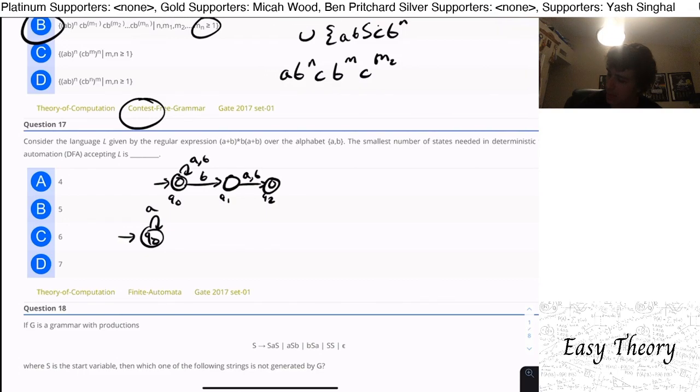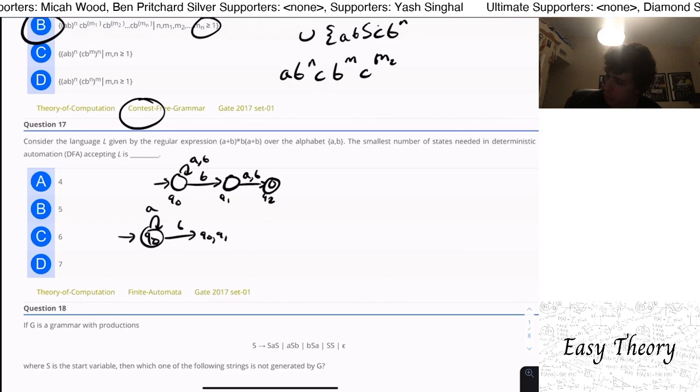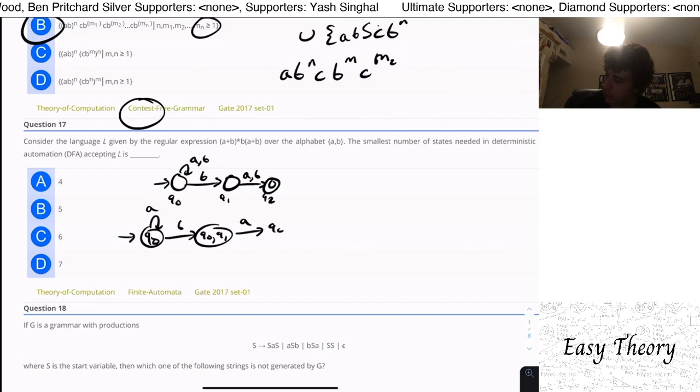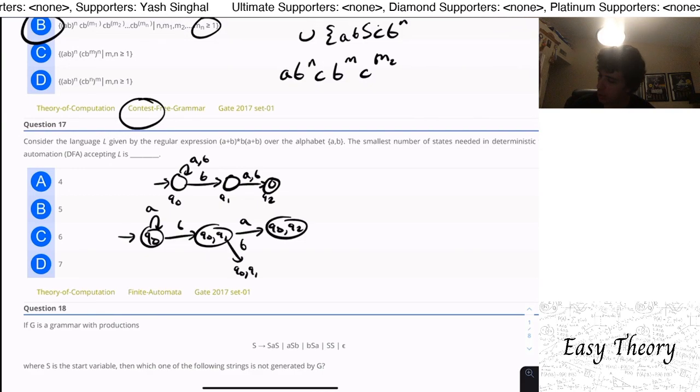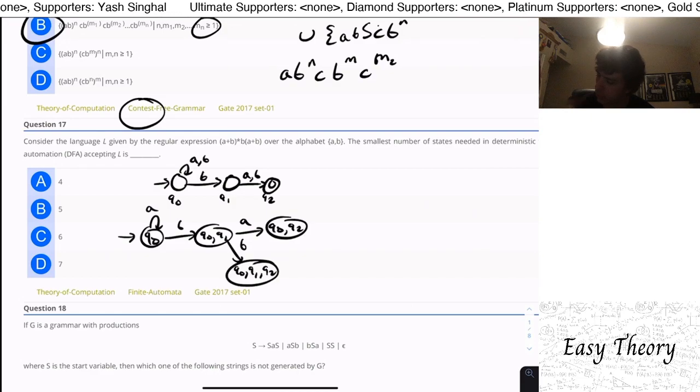If we have A, oh no, that's not a final state. Then B would give us Q0, Q1. A would give us Q0, Q2. Where would B give us? B would give us Q0, Q1, Q2.